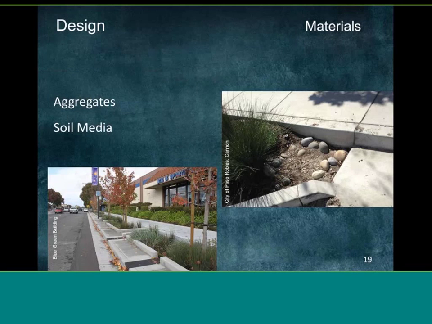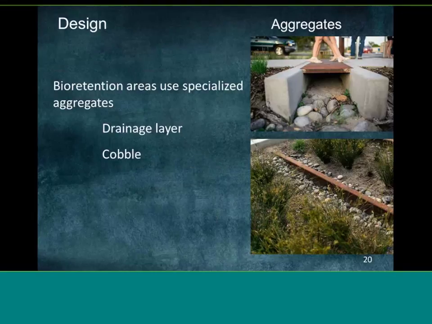So materials in the systems, you have special aggregates in bioretention systems, and you have a special soil media. The aggregates are the drainage layer. Some bioretention systems have an additional drainage layer under the soil media. Some do not.